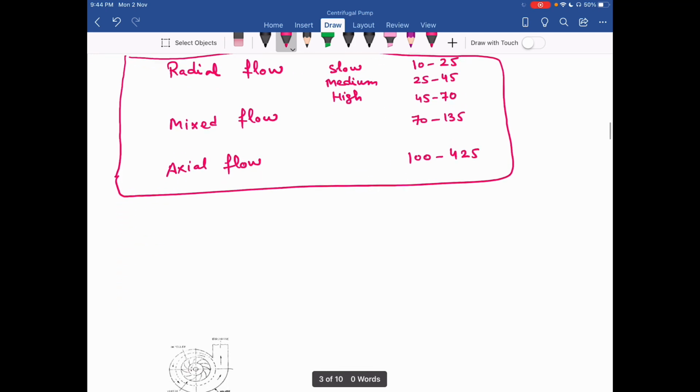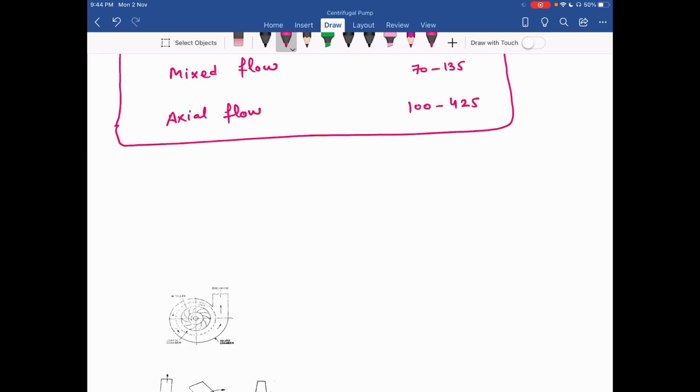Then on the basis of the type of casing, we have three different types of centrifugal pumps.